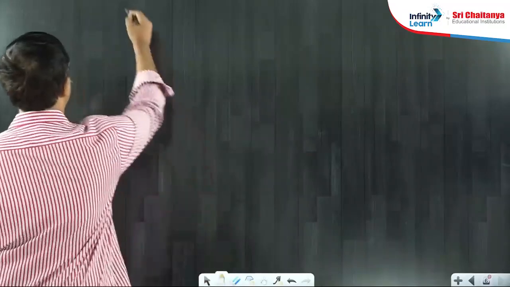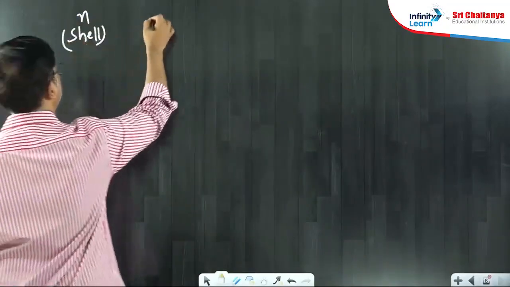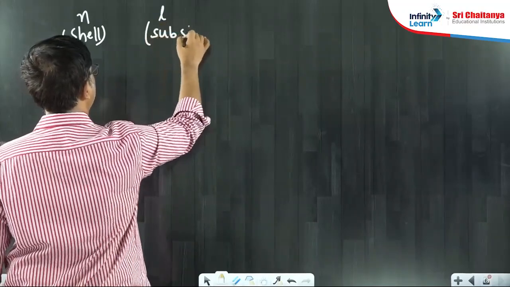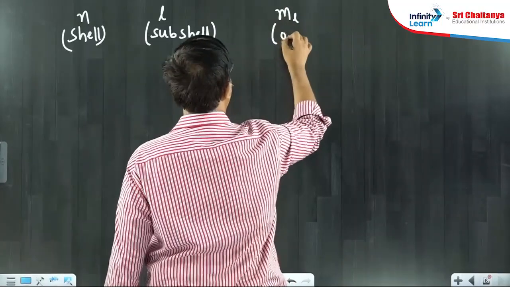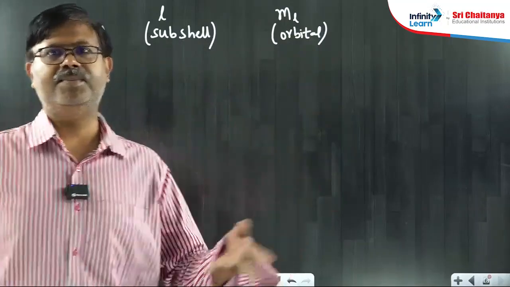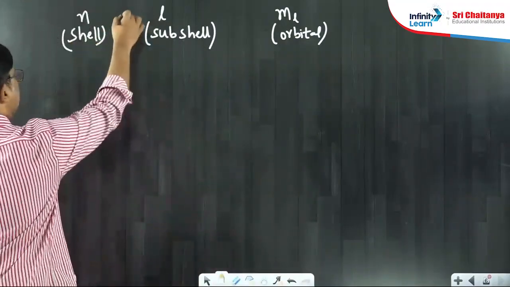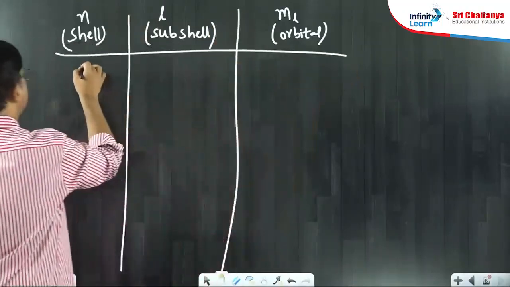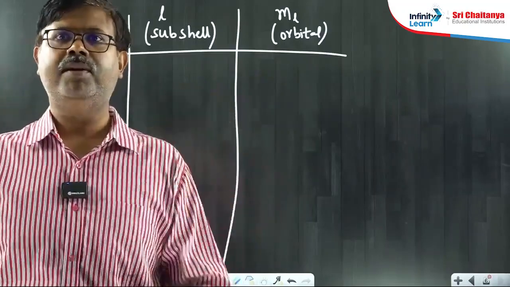Now let's take n, which represents shell, L, which represents subshell, ml, orbital, and next is spin. Anyway, only 2 spins are there in every orbital. Now suppose you take n value 1; it cannot be 0, n begins with 1 only.